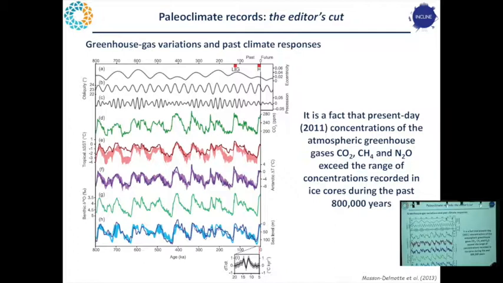So it's an interval of 100 ppm that is being respected throughout the last 800,000 years of natural climate variability on this planet we call Earth. But now we are over 400 ppm. So 120 ppm higher than the highest boundary of the last 800,000 years.